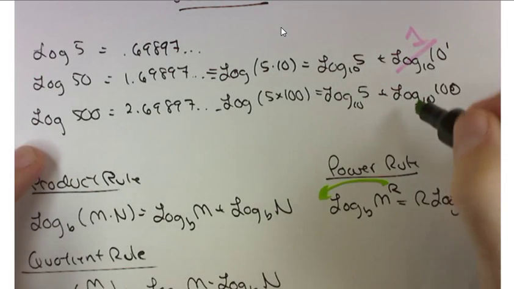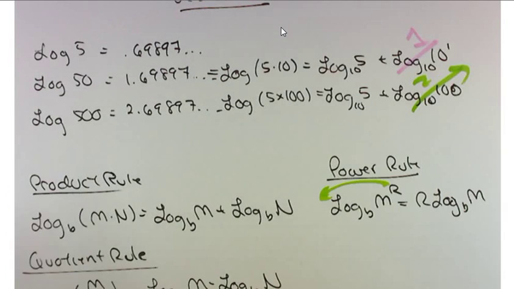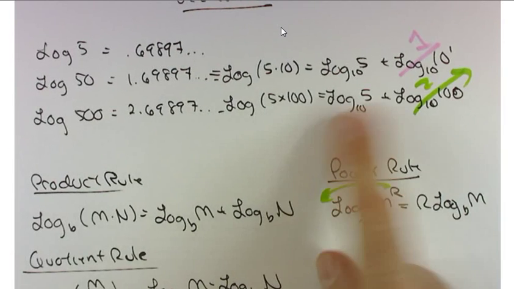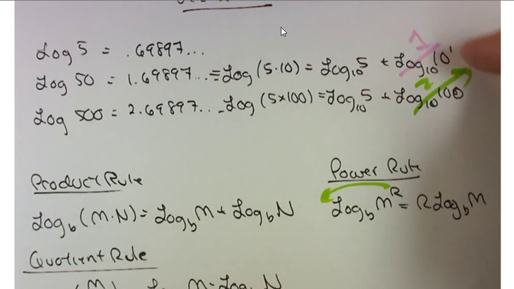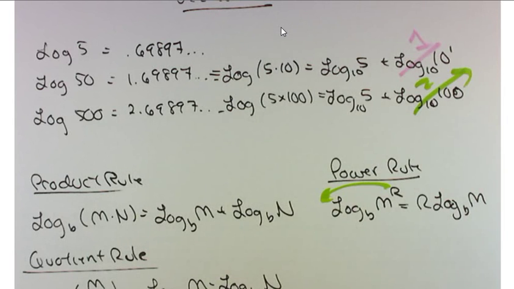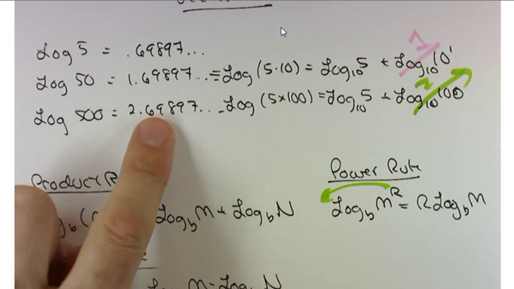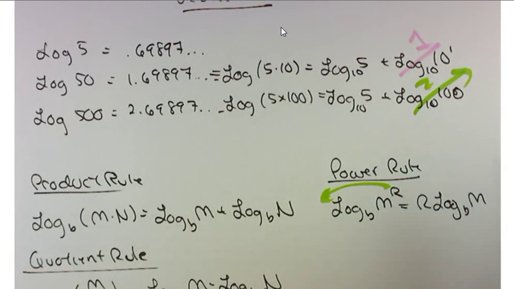Thank you. So again, log of 5 plus 2. So every time I multiply by 10, I'm just adding 1 to this number over here. Because you're just increasing the log base 10 of some number by 1.